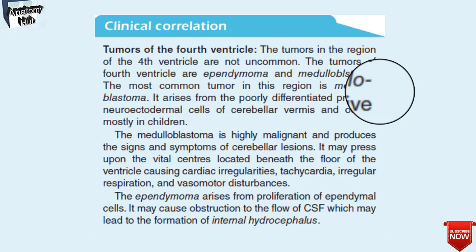The cranial nerves arising from the medulla are stretched. This is a congenital anomaly, and it is often associated with syringomyelia, and this condition is known as Arnold-Chiari deformity. So here we have completed the fourth ventricle.